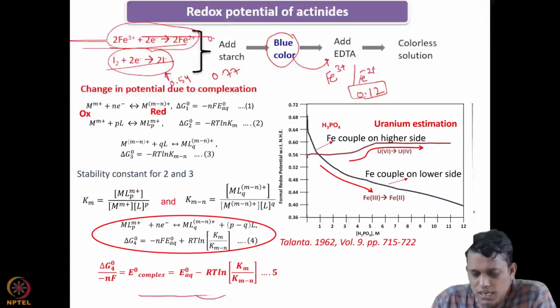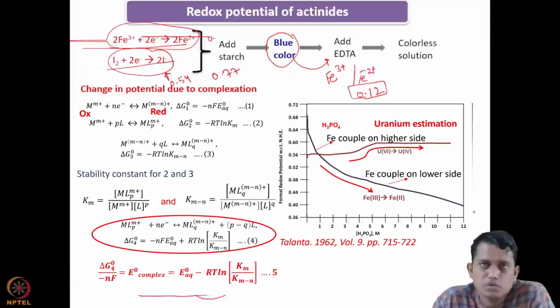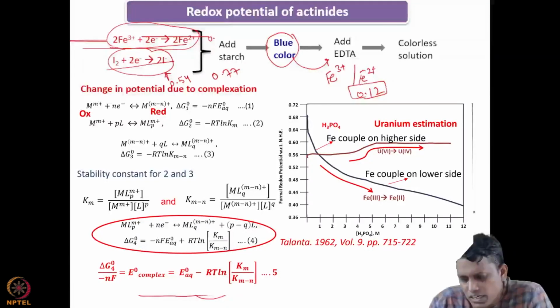The iron couple has a potential of around 680 millivolt in sulfuric acid, but the moment you start adding phosphoric acid, there is a decrease in the reduction potential. Whereas under similar conditions, the uranium couple is almost unchanged.